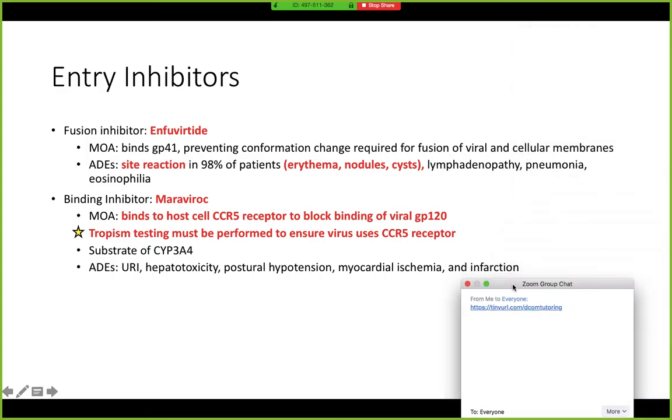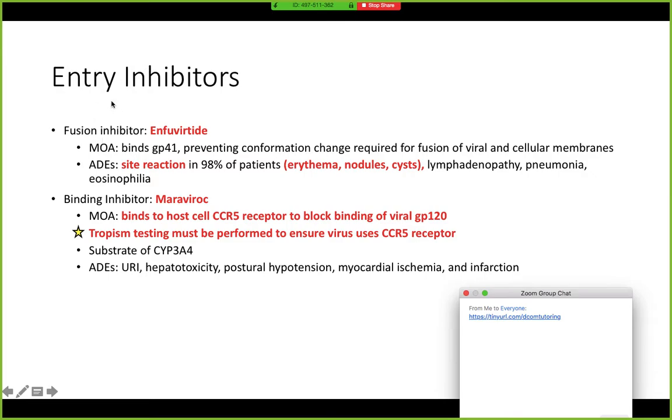Okay, so start with the entry inhibitors. Your fusion inhibitor is Enfuvirtide, and not in red. I think if you just remember it's a fusion inhibitor, it's good enough. But more specifically, it's going to bind GP41 and prevent the conformation change required for fusion of viral and cellular membranes.